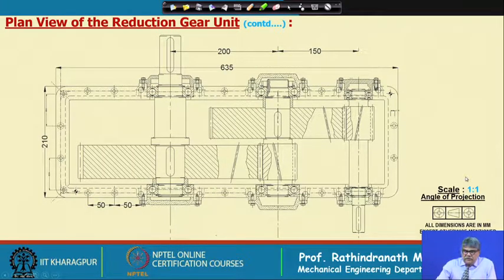Now, if we look into this plan view, then this is the input shaft, right hand side input shaft, and then intermediate shaft, and then output shaft. And I have also given the overall dimensions. It is somewhat coming 635 millimeter long, and width is not much, 210.